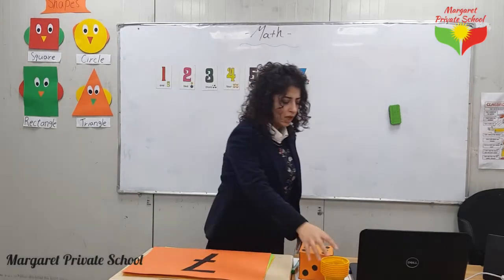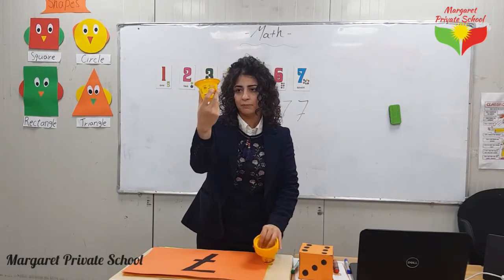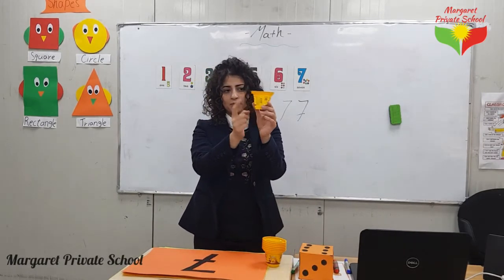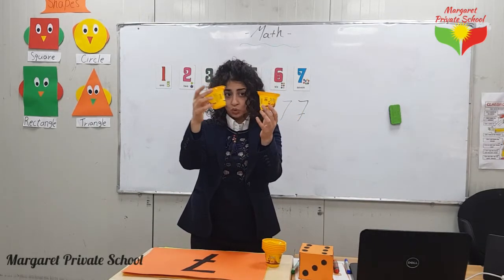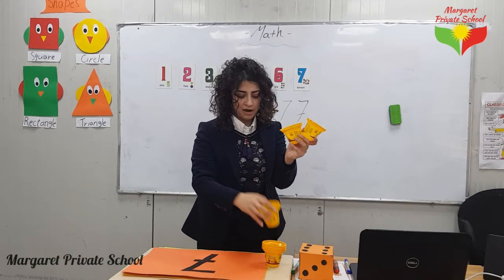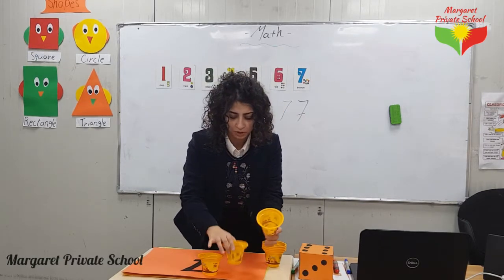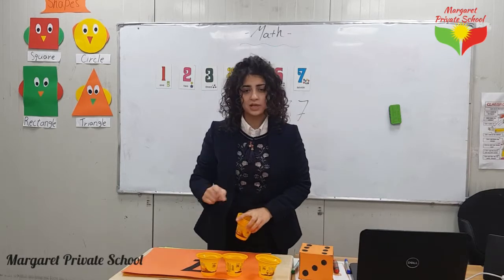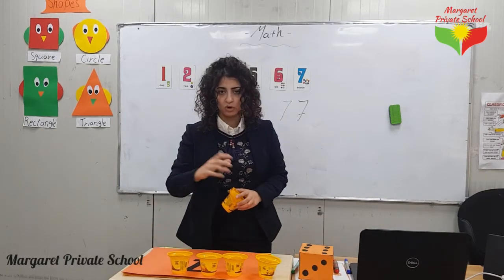Now, let's count these ice creams, okay? We have which ice cream? 1. And we have which ice cream? 2. After 2, we have 3. After 3, we have 4.